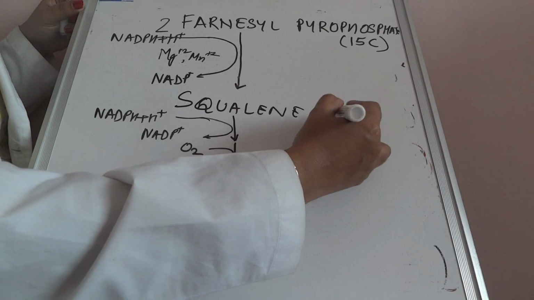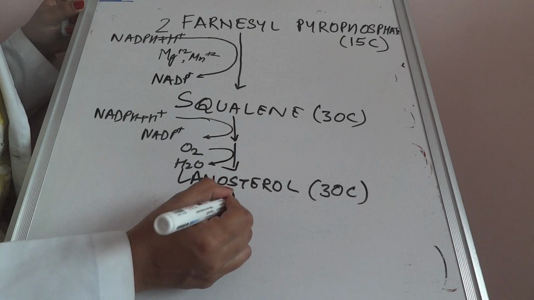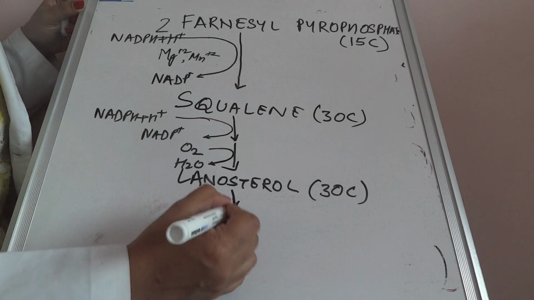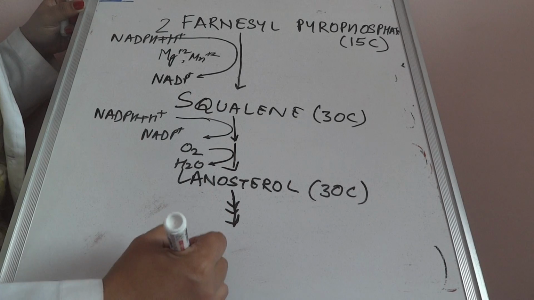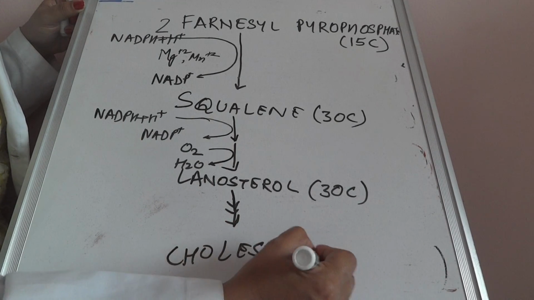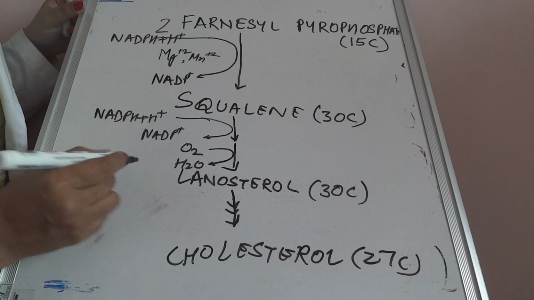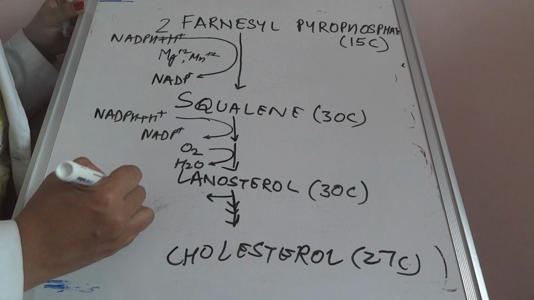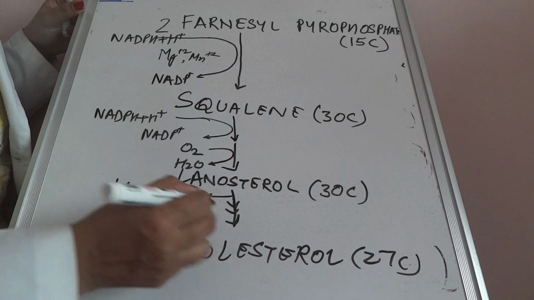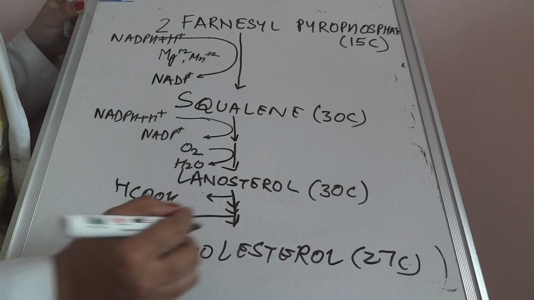But still it is 30 carbon, because carbon is not being removed. Now through a series of reactions, around 19, cholesterol is formed. That is a 27 carbon compound, where 1 carbon is removed in the form of formic acid, HCOOH, and 2 carbons are removed in the form of 2 carbon dioxide.